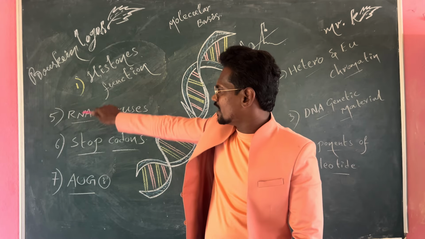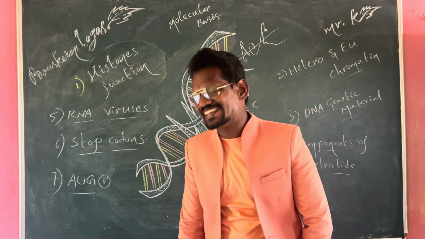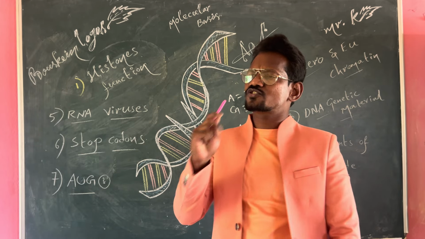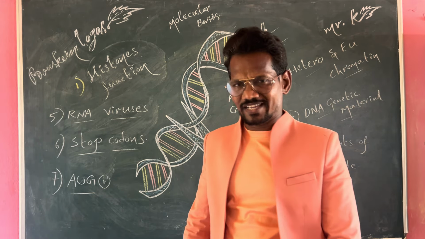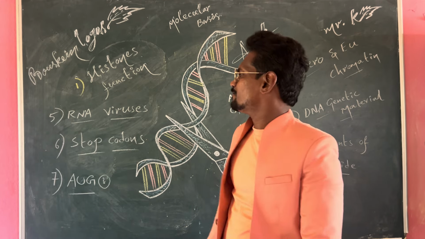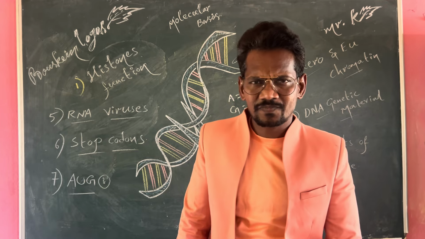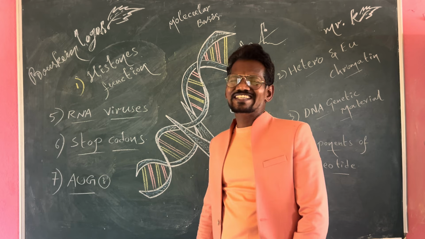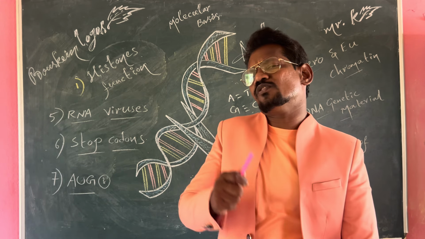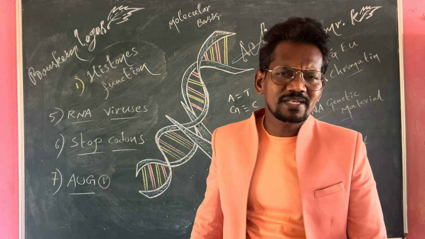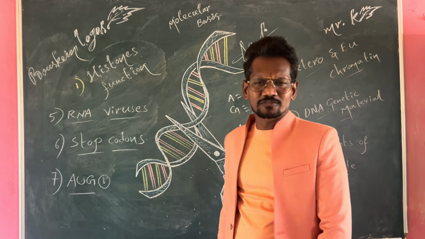Examples of RNA viruses: number 1 poliovirus, number 2 influenza virus, number 3 HIV, human immunodeficiency virus, number 4 TMV, tobacco mosaic virus, etc. Likewise many examples can be given, but these are few.